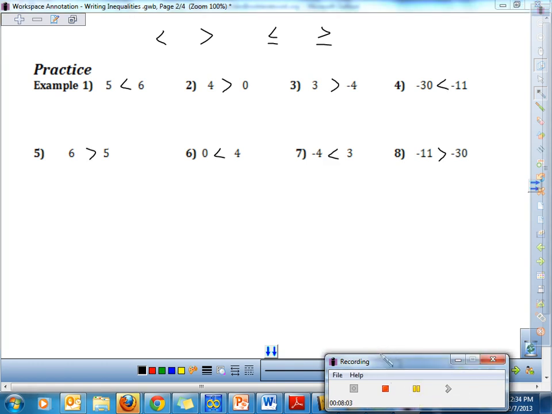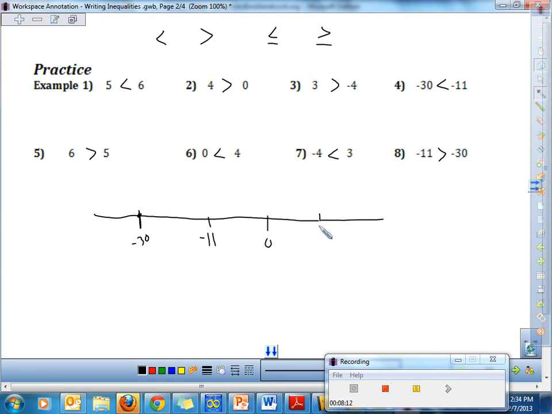Alright, here are the answers. Go ahead and double check. Two of the ones I want to talk about, let's talk really quickly about 4 and 8. It's a little bit tricky with negative numbers. I'm going to draw you a number line as best I can. Let's say that here is negative 30, here is negative 11, here's 0, and then over here we have 10. Remember, the bigger the negative number, the smaller it actually is.